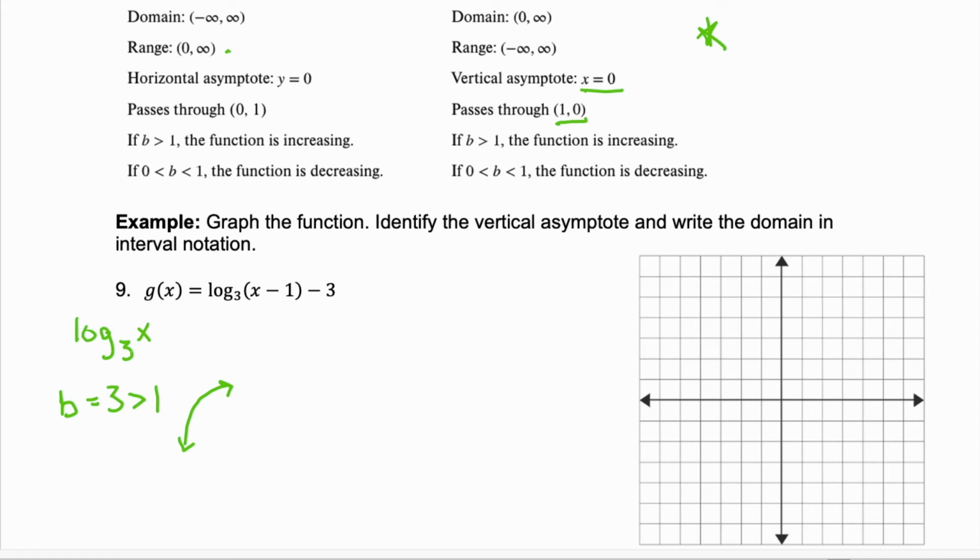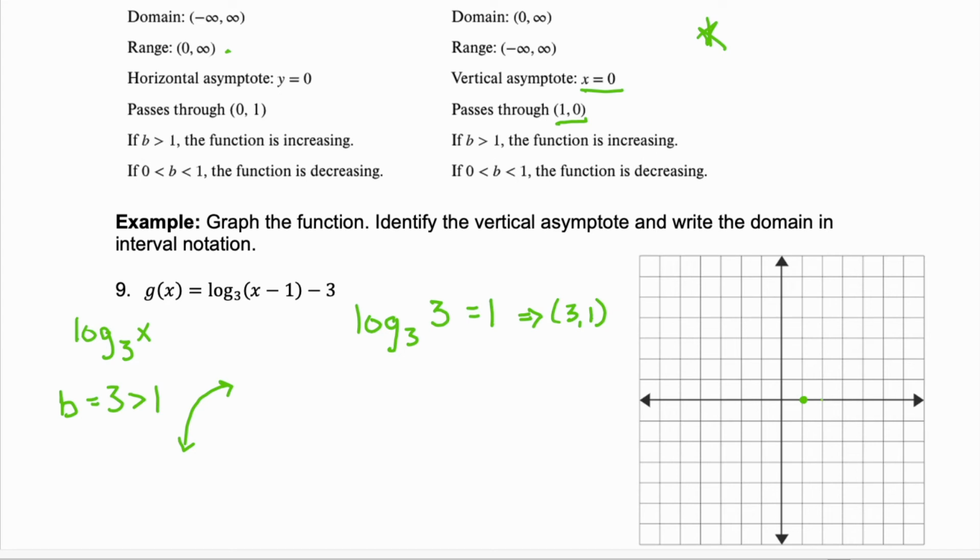Now, let's first start by plotting the points we know for our mother function. We know that it's going to pass through the point (1, 0). We also know from our basic properties of logs that if you take the log with a base 3 and your argument is the exact same value as your base, that is equal to 1. That would correspond to the point (3, 1).